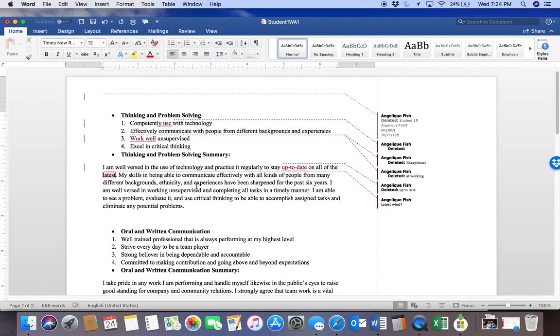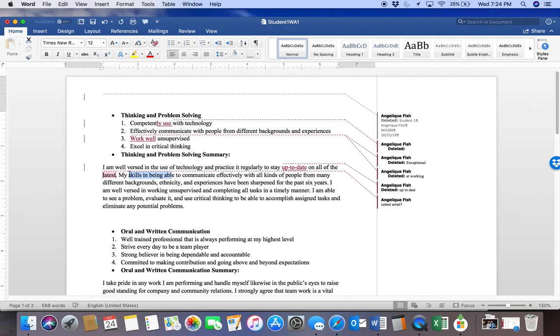My skills in being able to communicate effectively with all kinds of people from many different backgrounds, ethnicity, and experiences have been sharpened for the past 6 years. That's kind of wordy, especially this part, my skills in being able to communicate. So maybe we would say here instead my ability to communicate.